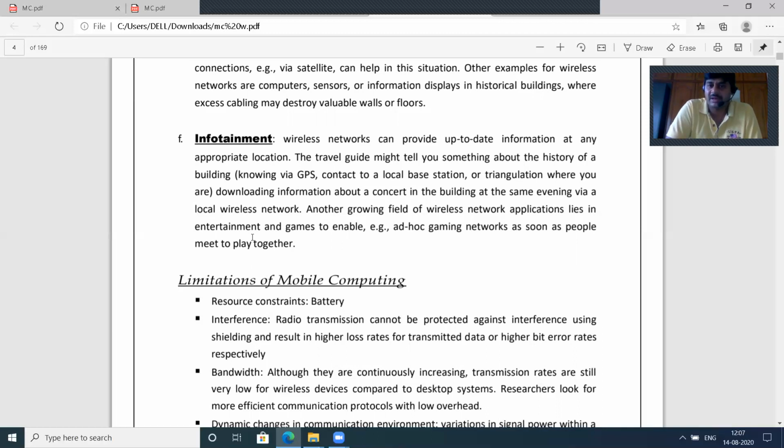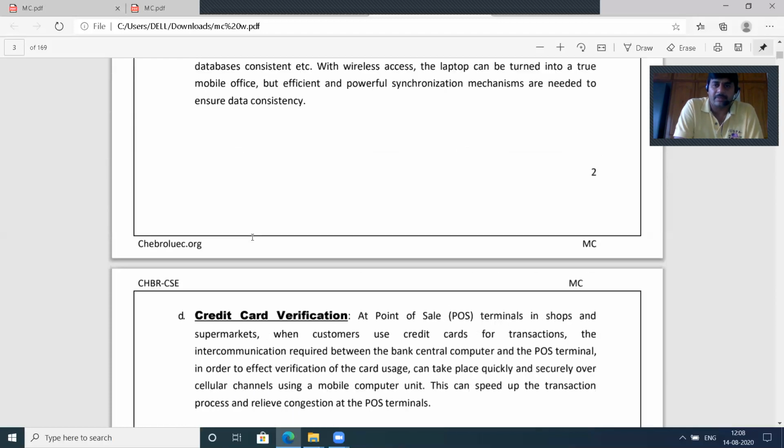A travel guide might tell you the history of a building, downloading the information about the building that same evening via a local wireless network. Another growing field of wireless network application is entertainment and games. An example is ad hoc gaming networks, to play together as soon as possible. This is the last application of mobile computing.